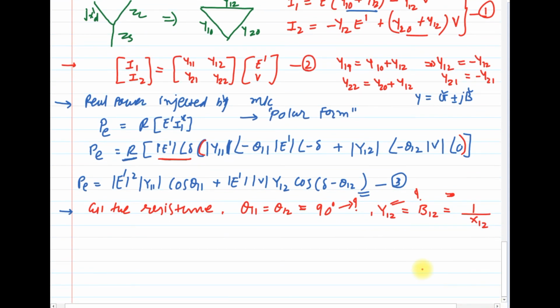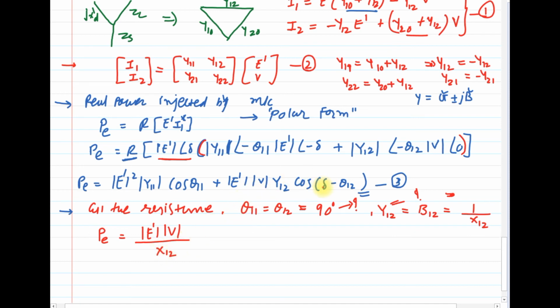Clear? Okay, so just substitute the values which we have obtained, with the condition that all the resistances are neglected, into equation number 3. So we will get the final answer PE is equal to E dash into V, as this term will become 0. Now y12 is equal to 1 upon x12.